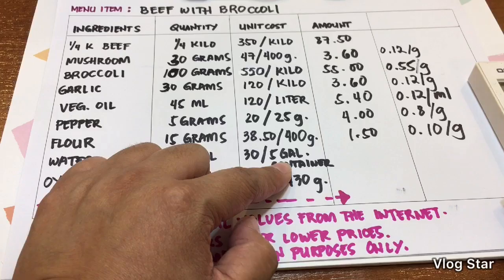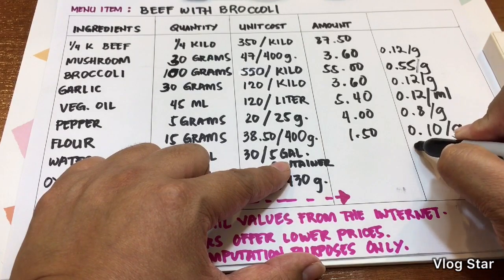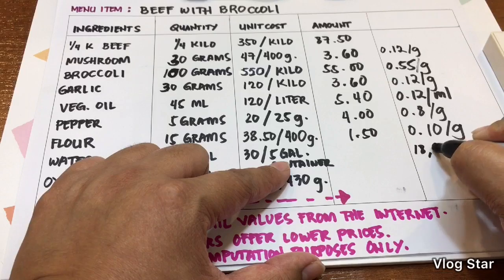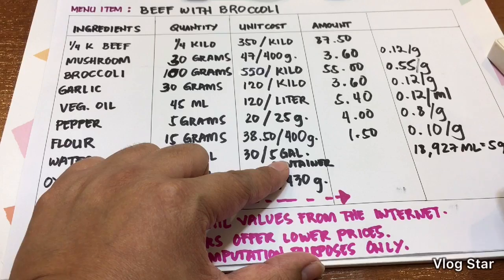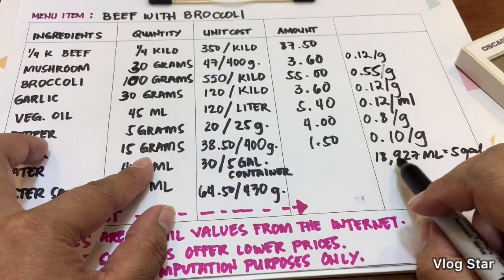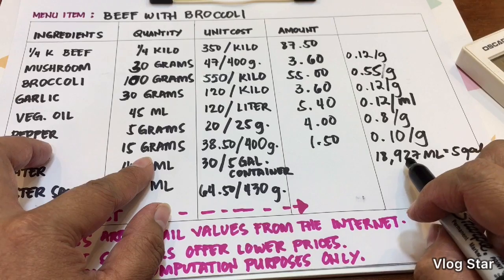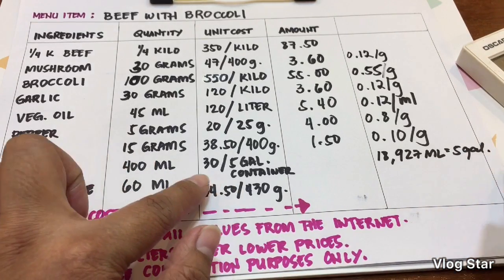So, sa conversion, there is 18,927 ml equivalent dun sa 5 gallon container. Ayan. Dami, no?